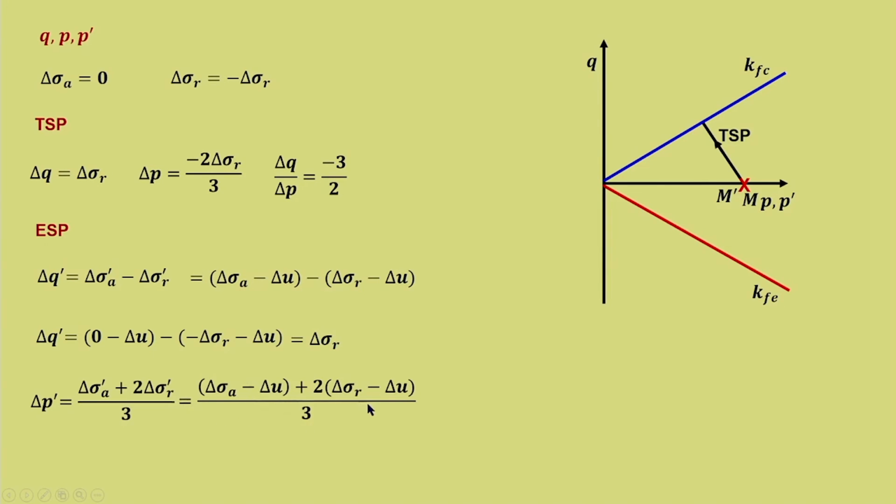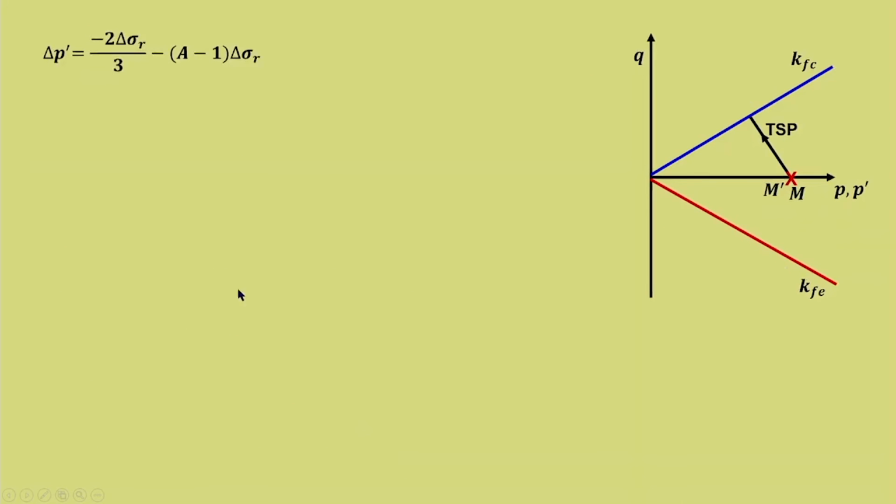and delta sigma A minus delta U plus 2 into delta sigma R minus delta U by 3. So, delta P' is equal to 0 minus delta U plus 2 into minus delta sigma R minus delta U, and that is equal to minus 2 delta sigma R by 3 minus delta U. So, delta U gets substituted.